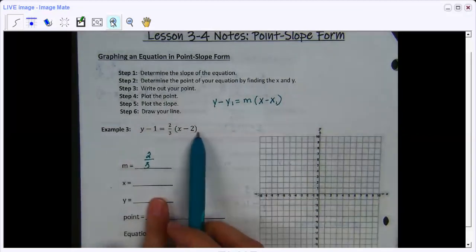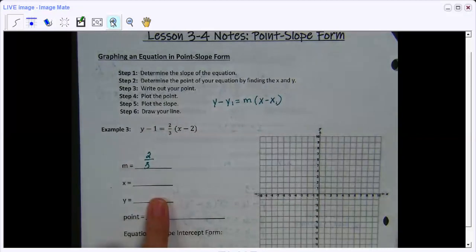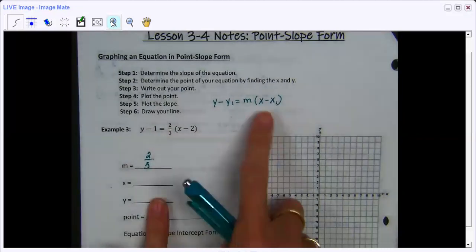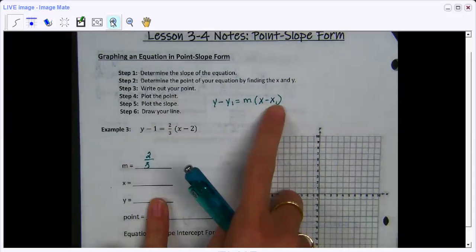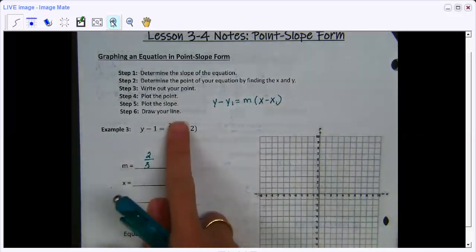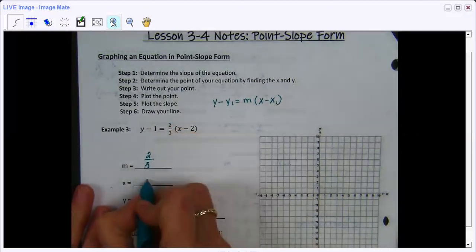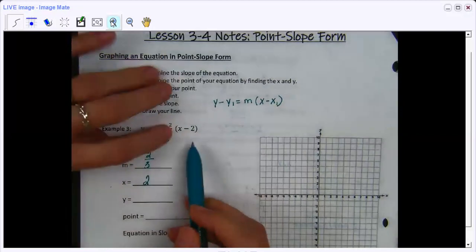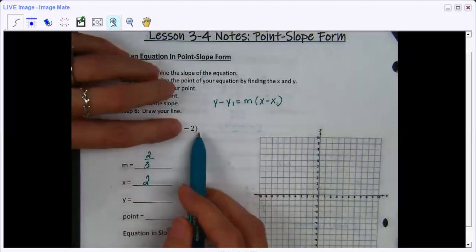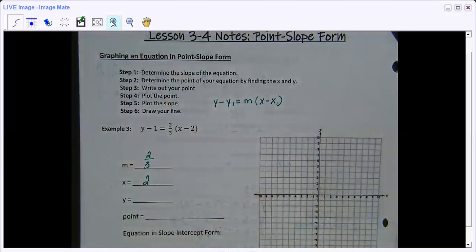Our x, it looks like it's a -2, right? But really, it's telling us to subtract whatever x1 is. In this case, we're subtracting 2, a positive 2. So my x is not -2, but positive 2. At first glance, you might think, oh, well, there's a negative in front of it, so it must be negative. But it's not.